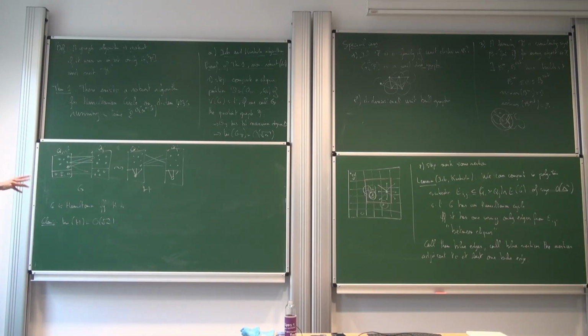You don't need the marking procedure. What you do is just compute this clique partition. Then you take the tree decomposition of G induced by this one, like you just blow up each vertex by its clique.